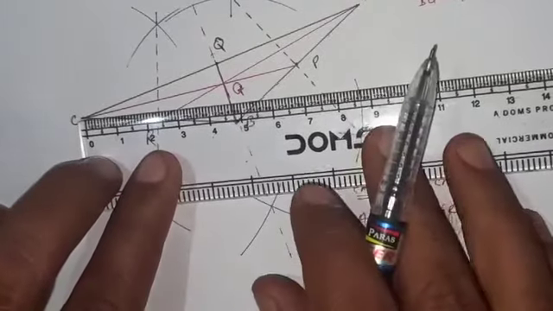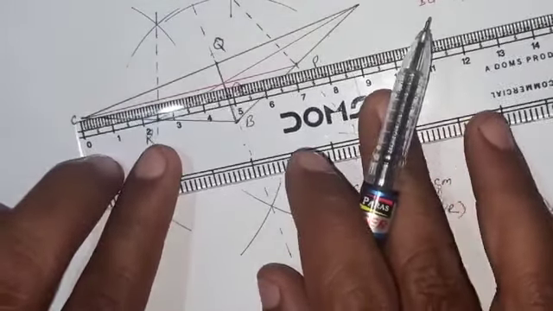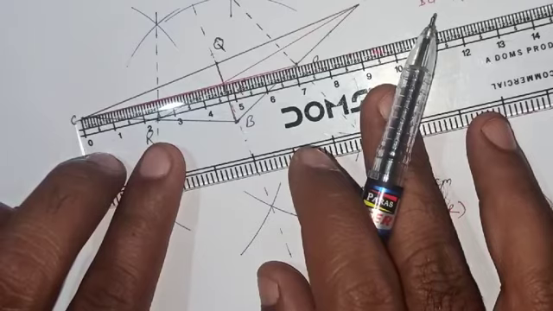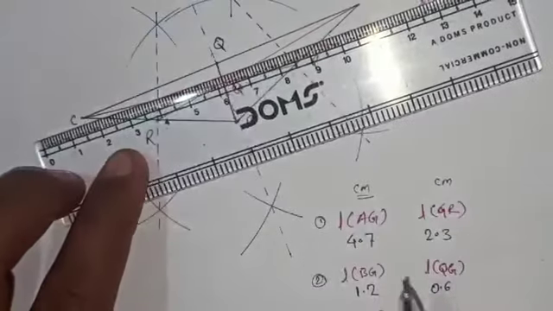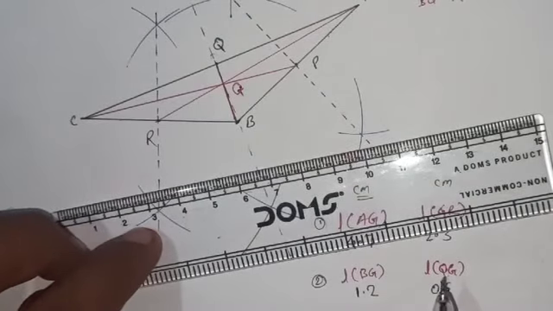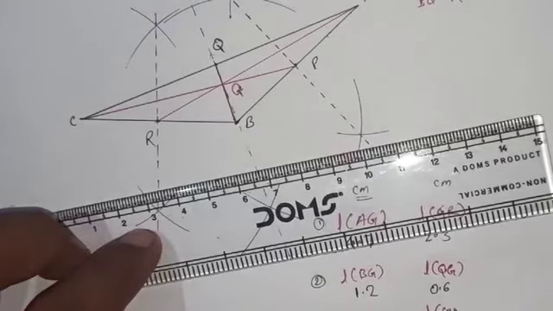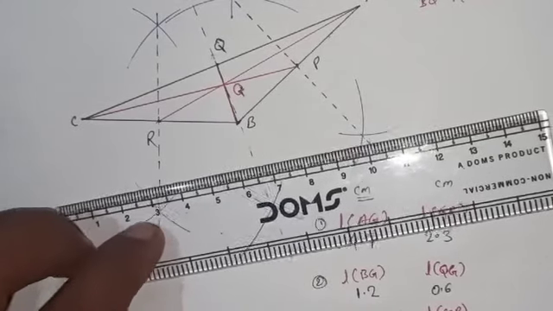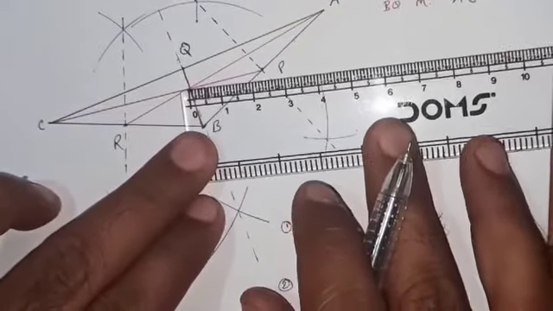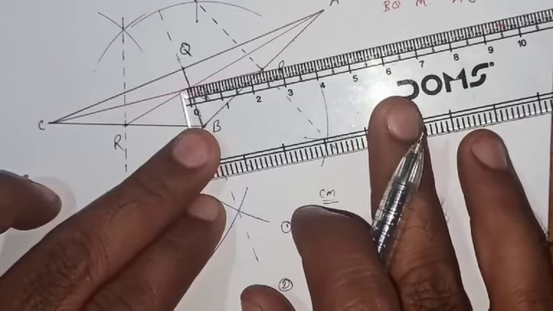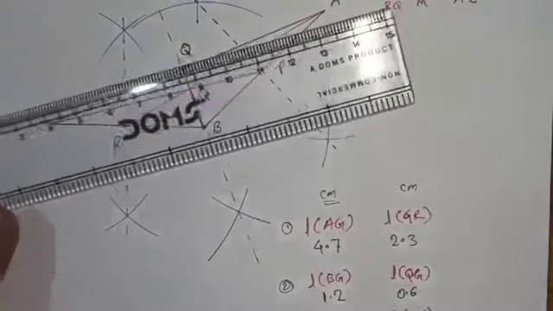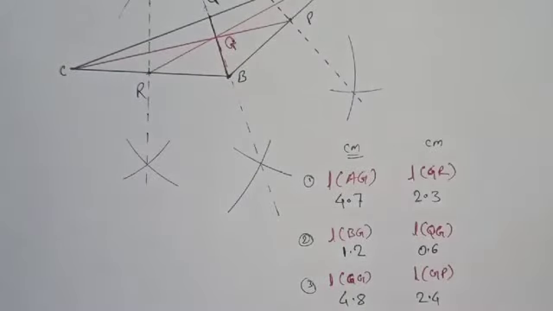Here. 4.8 centimeter. Then the length of GP, we will find out the length of GP, that is 2.4 centimeter, 2.4 centimeter.